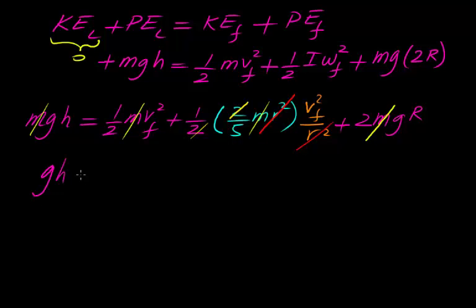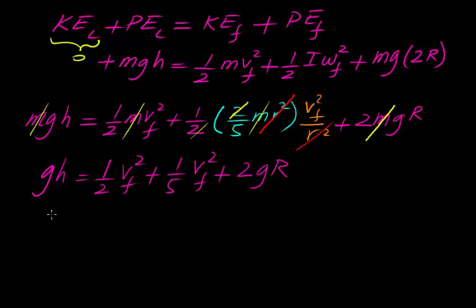g times h equals 1/2 v final squared plus 1/5 v final squared plus 2 times gR. The common denominator between the half and the fifth is 10. Therefore, 1/2 v final squared plus 1/5 v final squared is going to equal 7/10 v final squared plus 2 times gR.